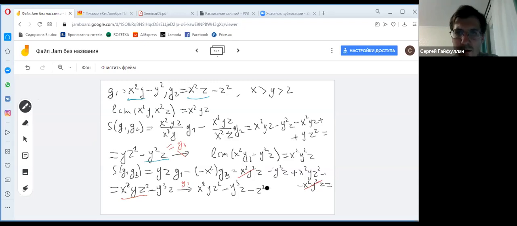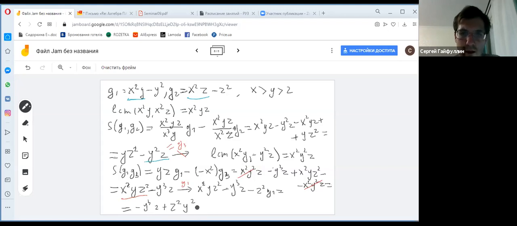So z square g1, the leading term is the same as here, and they vanish. So minus y cubed z minus, or just plus, z squared y squared.